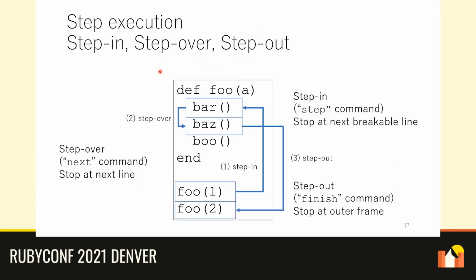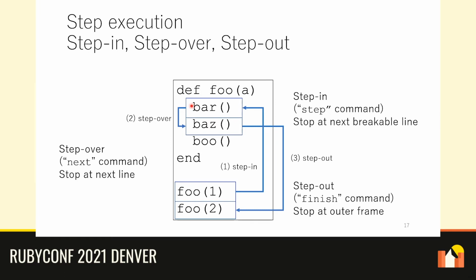Debug.gem provides normal execution control features: step in, step over, and step out. Step in by the step command stops after the next breakable line. So using the step command here, we enter the foo method and stop at this line.